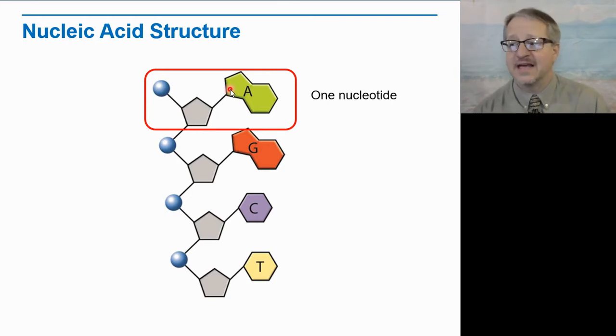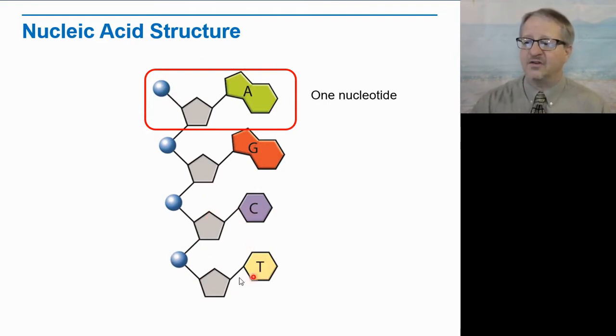In this case, it consists of adenine. Then there would be another nucleotide here with the guanine nitrogenous base, and then a cytosine, and then a thymine. So we have in total 4 nucleotides here. Of course, that's not an entire molecule of DNA. A molecule of DNA literally has millions of these nitrogenous bases.